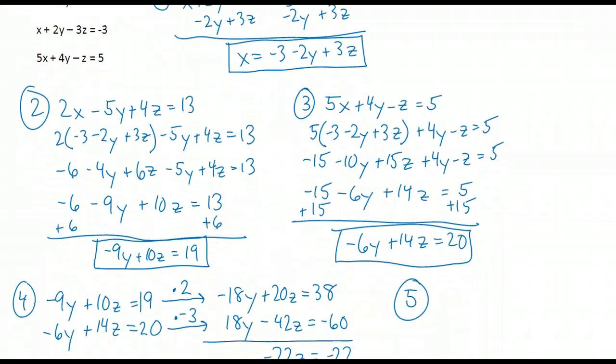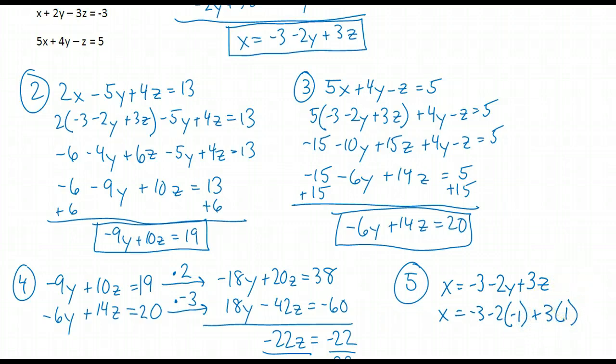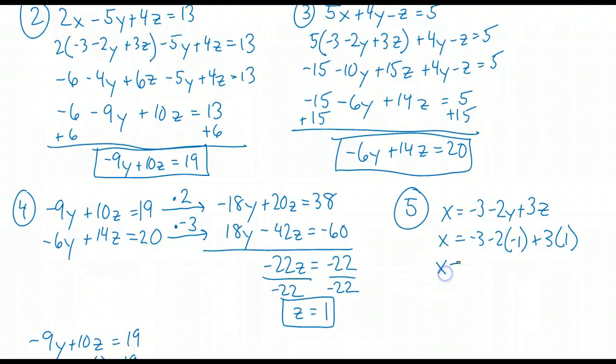So I can just take that equation, x equals negative 3 minus 2y plus 3z, and plug in my y value, which is negative 1, and my z value, which is 1, and then solve. So I'm going to have x equals negative 3. Negative 2 times negative 1 is positive 2, plus 3, which gives me a grand total of 2.